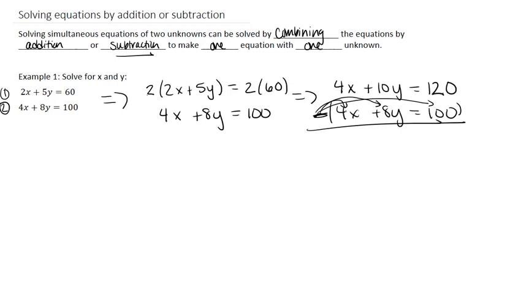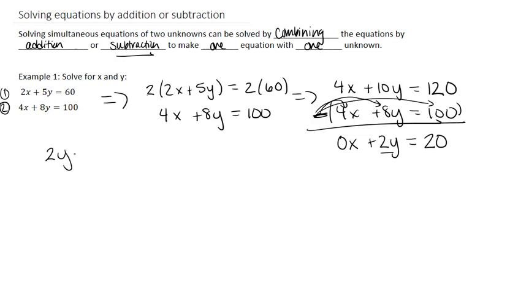So now we have 4x minus 4x, so that's 0x. Then we have 10y minus 8y, so we get 2y. Then we have 120 minus 100, so we're left with just 20. As we have 0x, we only have one unknown now, and so we just need to solve for it.